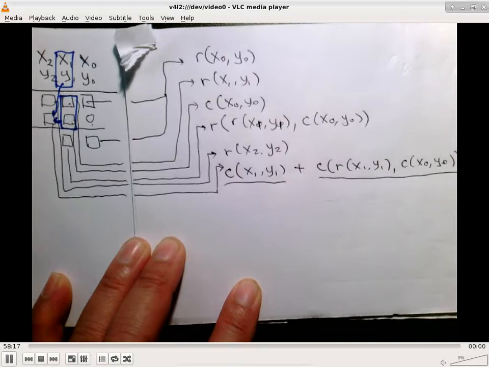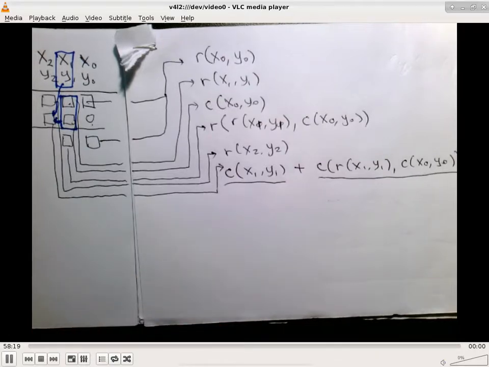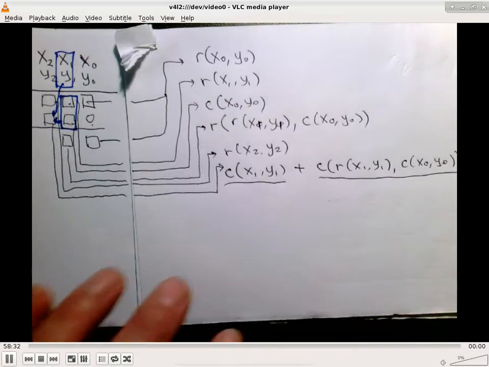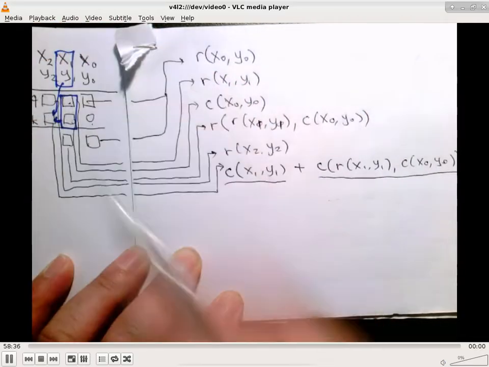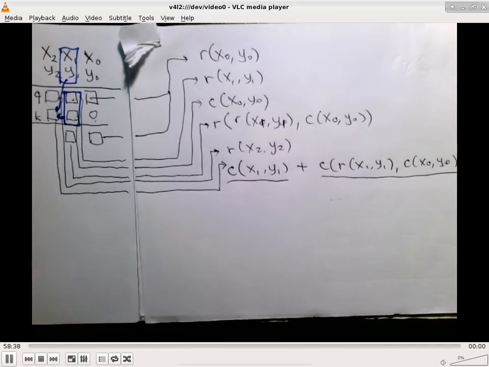There we go. Now in this notation, things will get out of hand pretty quickly because I'm expanding everything as much as I possibly can. So the notation of using a Q to represent this row, and a K, which stands for carry, to represent this row, can be very handy.